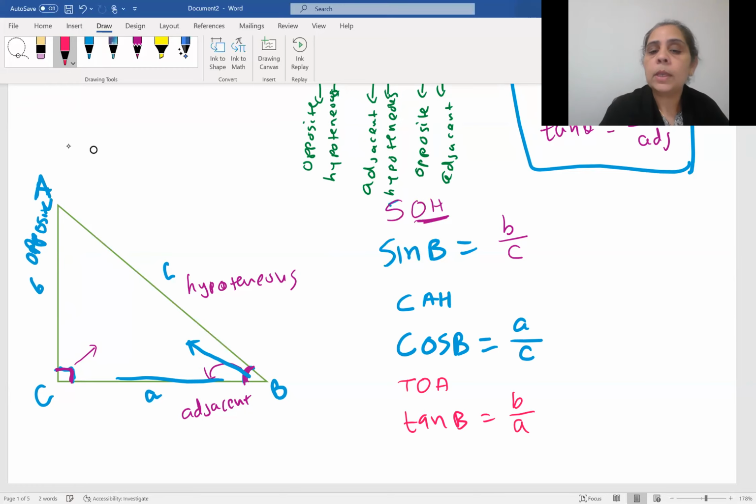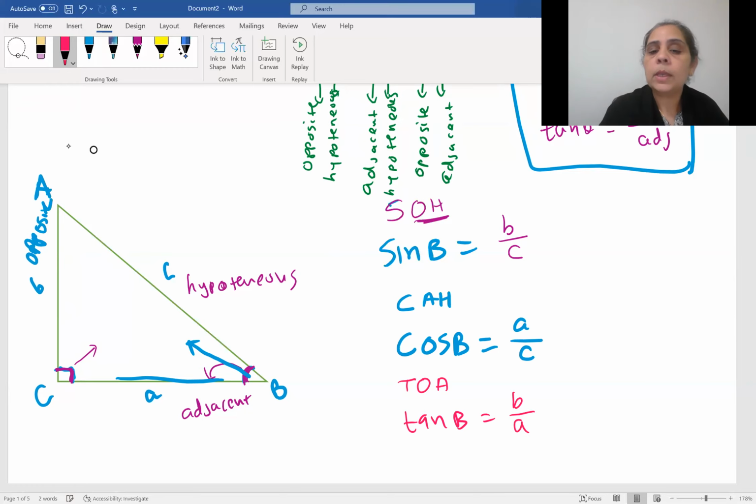So here we found three functions. Now, what are the other three functions? We know cosecant B is the reciprocal of sine B. Sine B is b over c, so the reciprocal gives c over b.